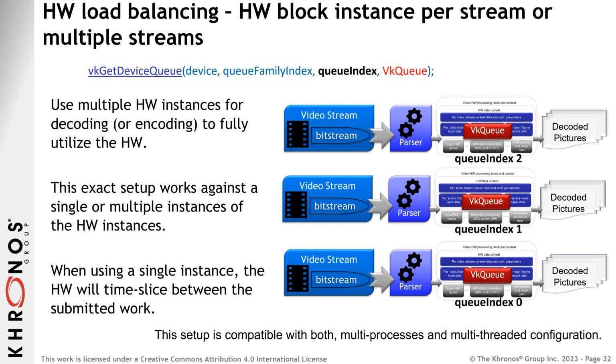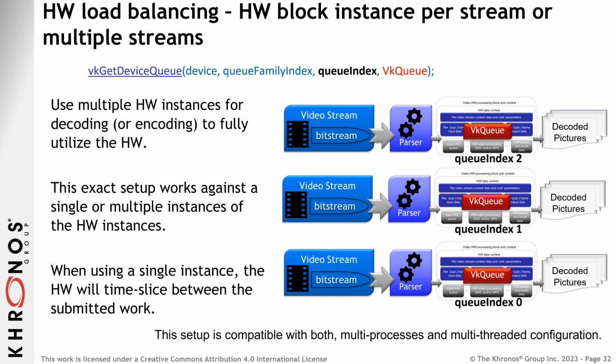Let's now look at some specific Vulkan video configurations and application usage. Remember that a physical device implementation may have one or more video decoder or encoder hardware block instances. If multiple instances of a hardware block are available, the application should consider load balancing across these hardware resources in order to maximize the system's capabilities.